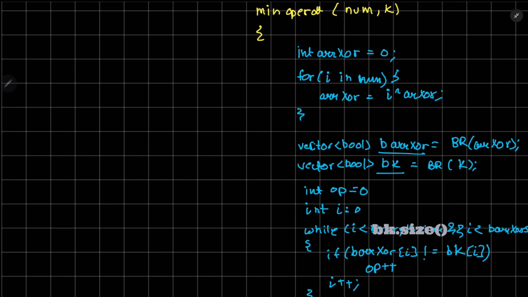And now you see that this loop handles where the number of bits are same for both of them. Okay, for example, this and this is our binary representation of K. So this loop will take care up to this only, because i will be less than the size of this and i will be less than the size of this, and both of the conditions need to be true. Then it will run for the minimum size only.